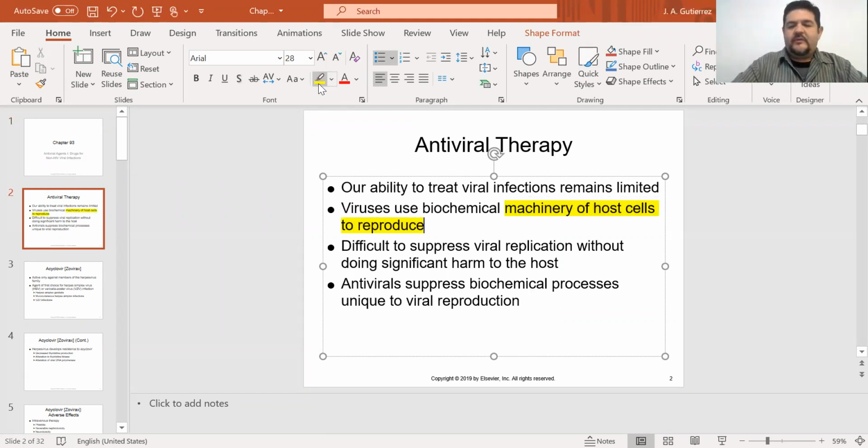So if I want to treat a viral infection, basically I need to kill those cells that are infected. And depending on the tissue, I can do serious harm to that patient.